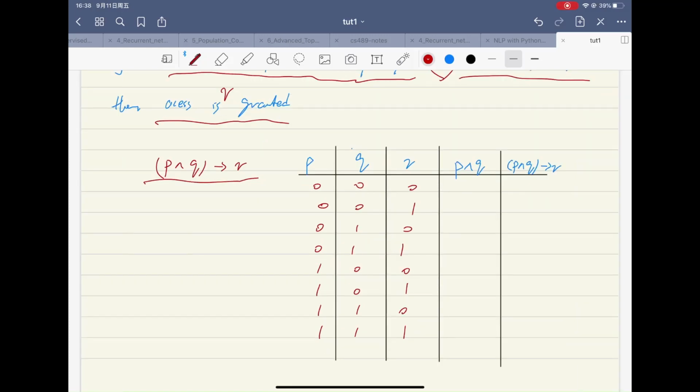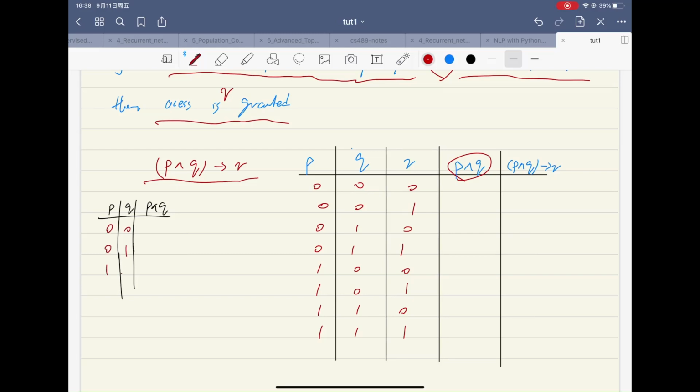Then what next? We need P and Q. Let's generate the truth table of P and Q. As you learned in class, the logic connective AND is: if there is one false, then the whole statement will be false, right?